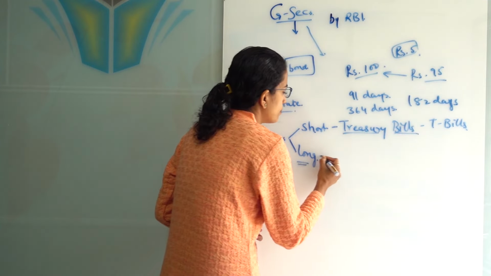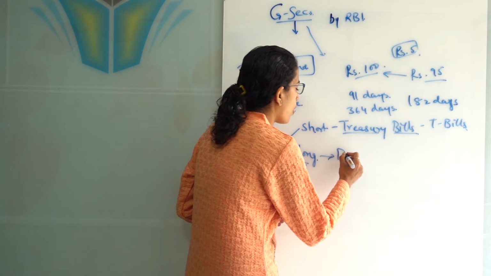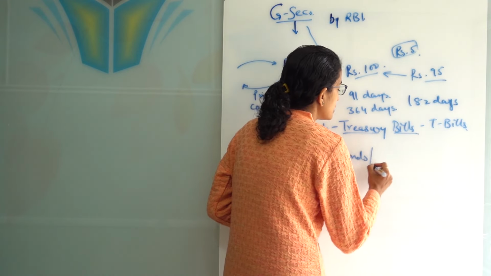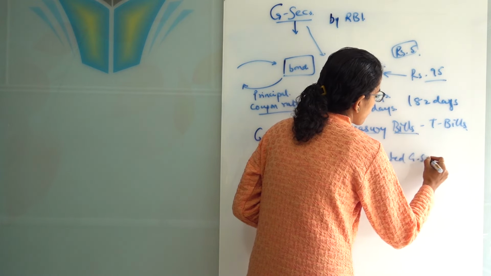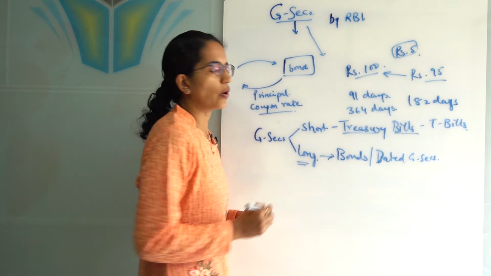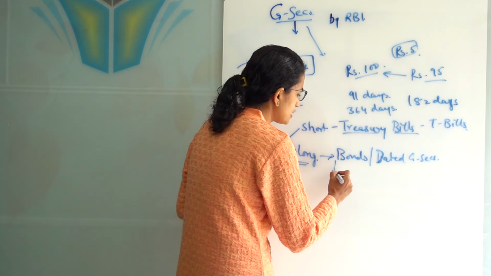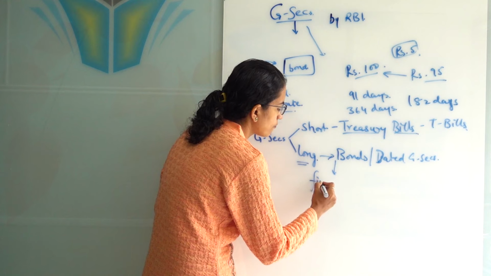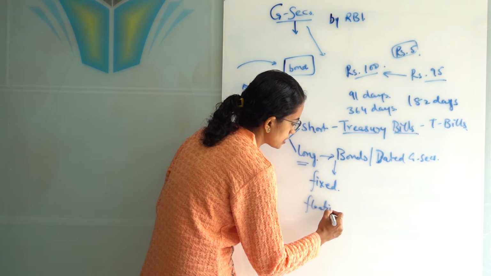The long-term bills are known as government bonds. These bonds are also called dated government securities, and these dated government securities have a fixed date. Against these bonds, there can be a fixed interest rate or a floating interest rate. What is the difference?